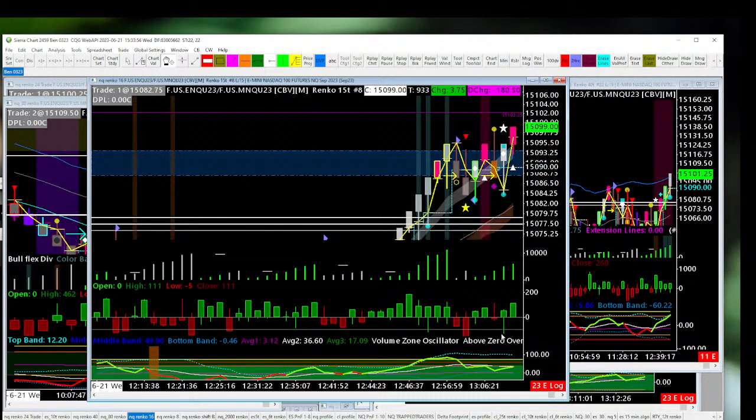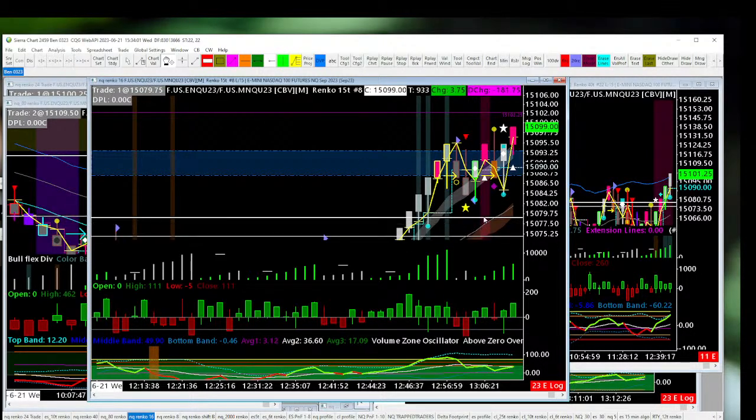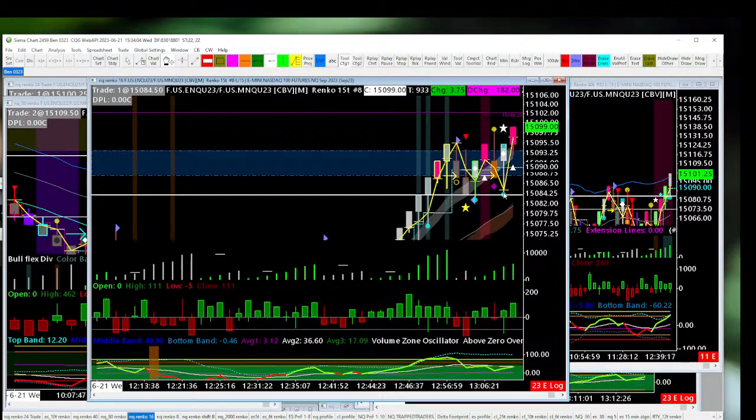This wick is very large. At one point here, look where the point of control was for that bar, way at the low. So at one point, a bunch of sellers, volume wise, came in there and tried to knock that down, but price continued higher.